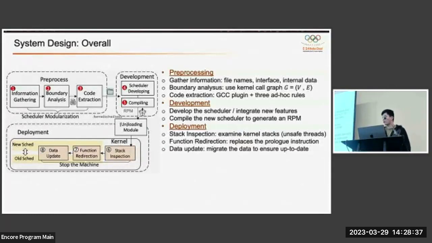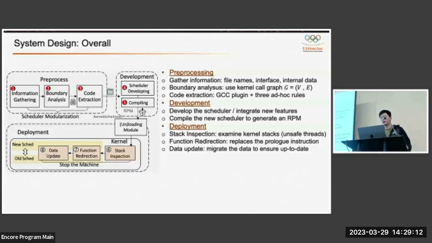This figure is a big graph of PLOCSCHED. In the pre-processing phase, PLOCSCHED automatically gathers the scheduler relevant information such as the symbols of functions and the data during the compilation phase. Then it runs the boundary analysis algorithm to determine the clear boundary between scheduler and the kernel, and divides functions into three types: internal, interface, and external functions.